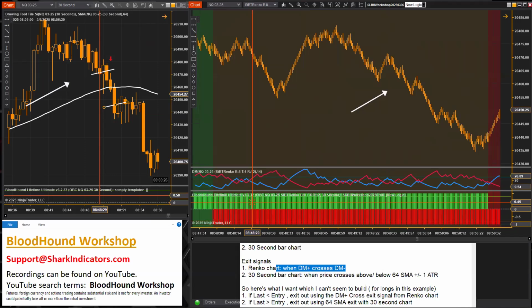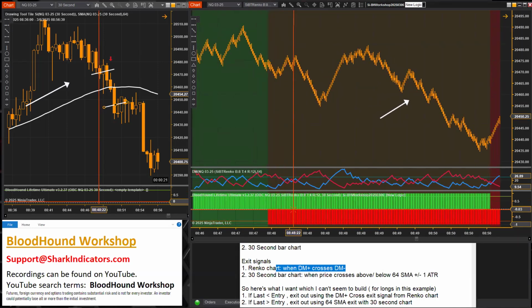one of the Blackbird behaviors to be aware of is that when you have a long and a short exit signal at the same time, that tells Blackbird don't take a trade. You're telling it to exit a short trade and exit a long trade.